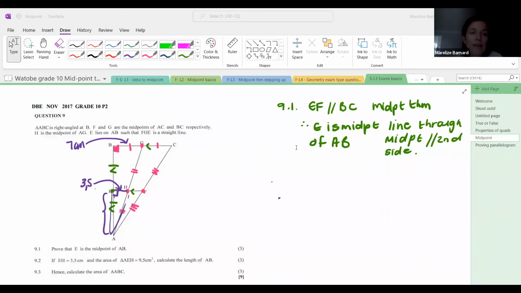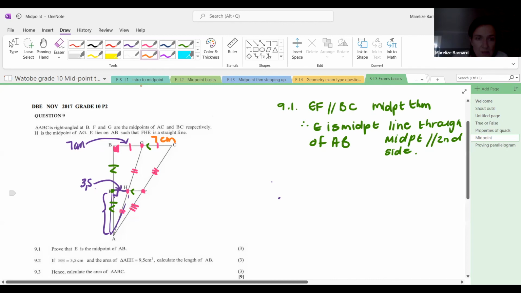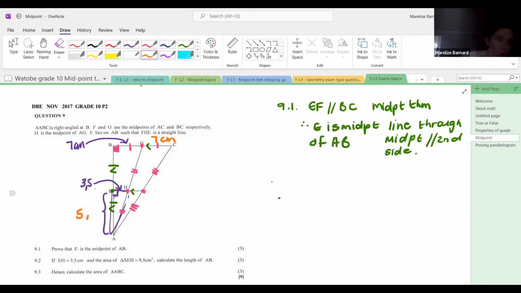Okay, so we already have this side here, that's 7. So that's the big triangle, that's what we are going to solve for. Because BG is equal to GC, that's also going to be 7. And we solved for this one here, that was 5.43. So then BE must also be 5.43.